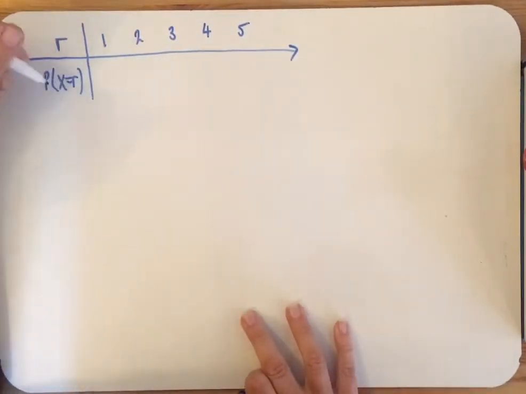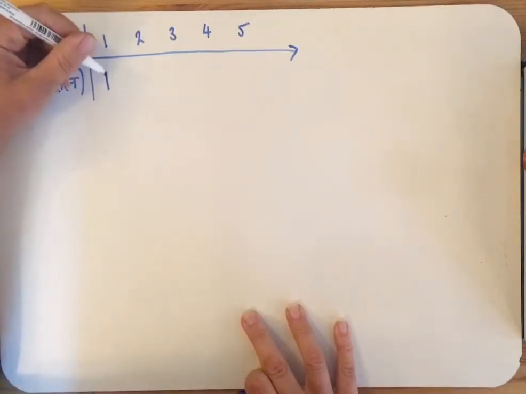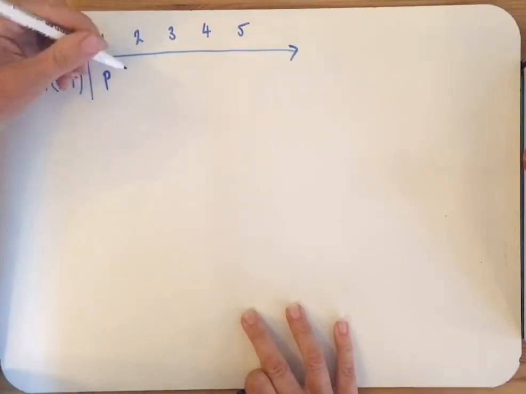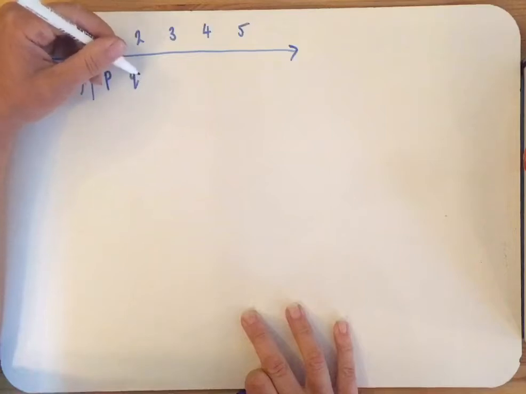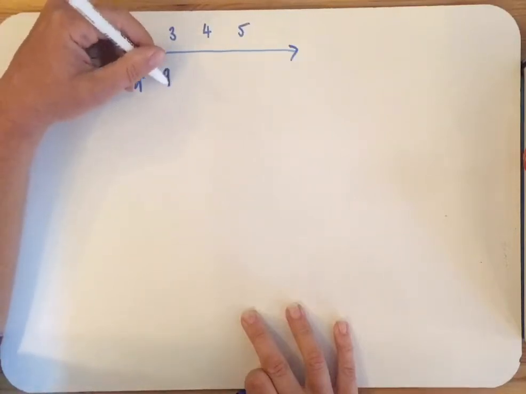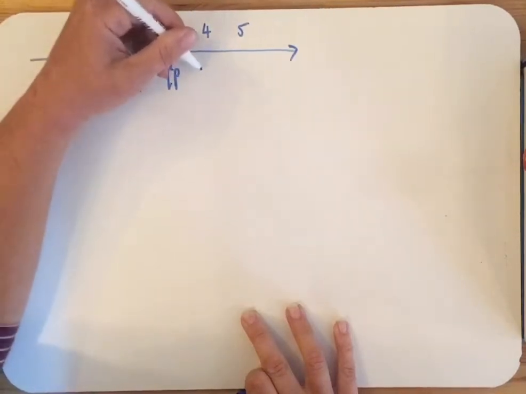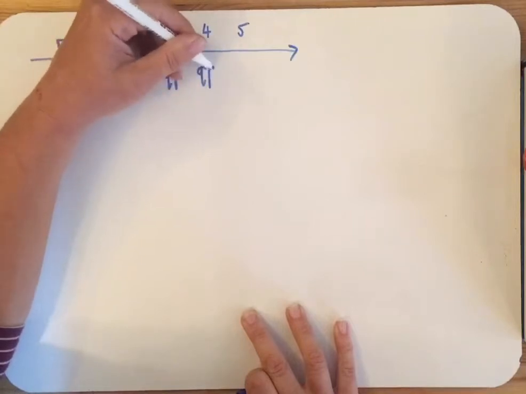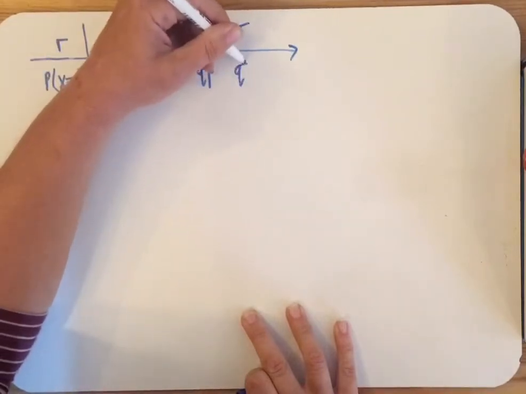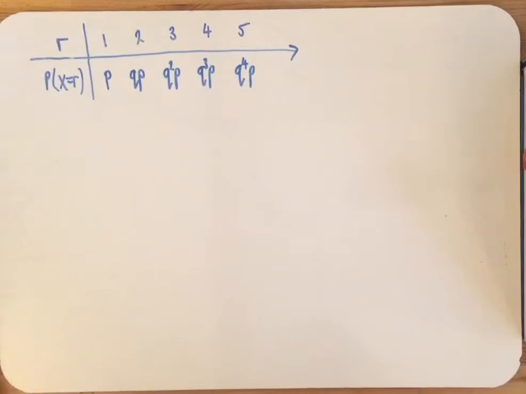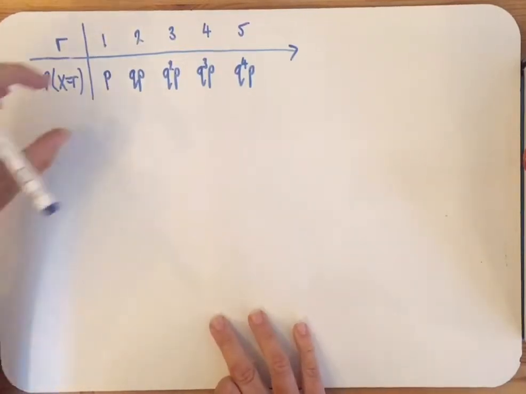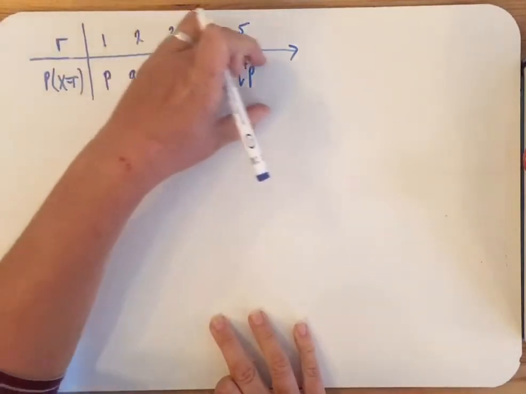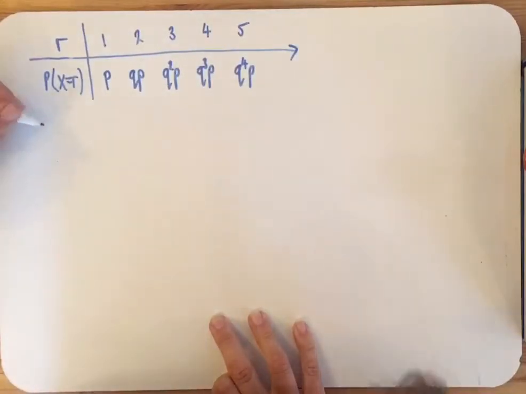The probability X equals 1 will just be p. The probability you get your first success on the second trial is qp, then q squared p, q cubed p, q to the 4 p, and so on. So you can see your probability distribution quite clearly there. And we need the total probability, so we need the sum of all of these to equal 1.